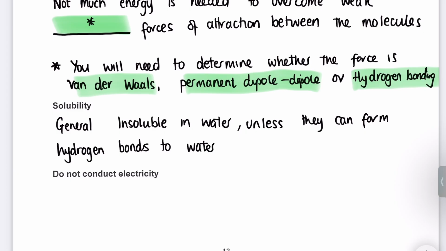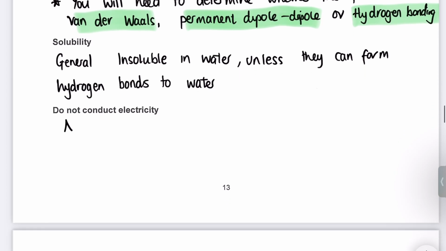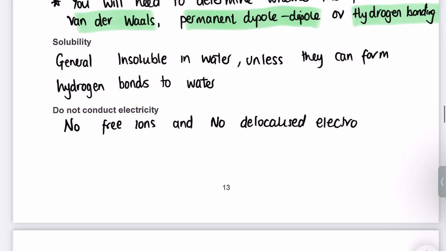They do not conduct electricity. No free ions because they're not ionic, and no delocalized electrons. All their electrons are involved in bonding. So they do not conduct.